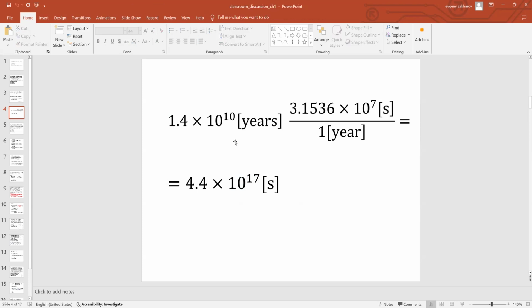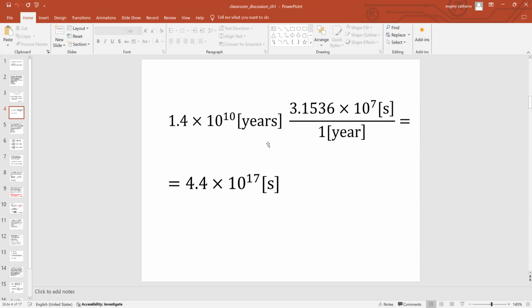And then it's 1.4 times 3.1. This is like 1.5, and this is like 3. 3 times 1.5, half of 3 is 1.5, so it's 3 and 1.5, so about 4.5.